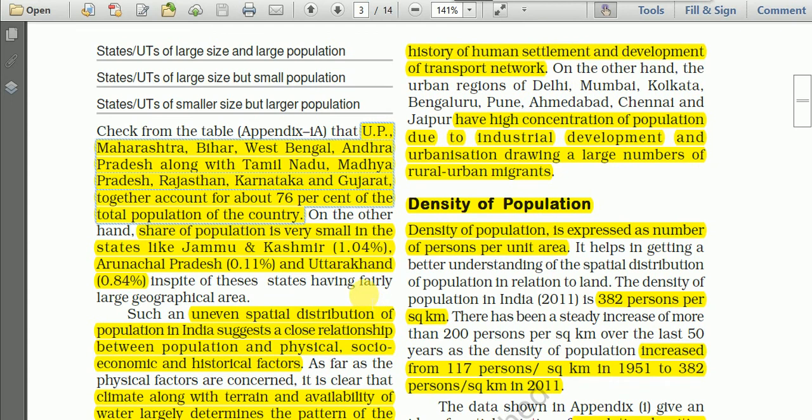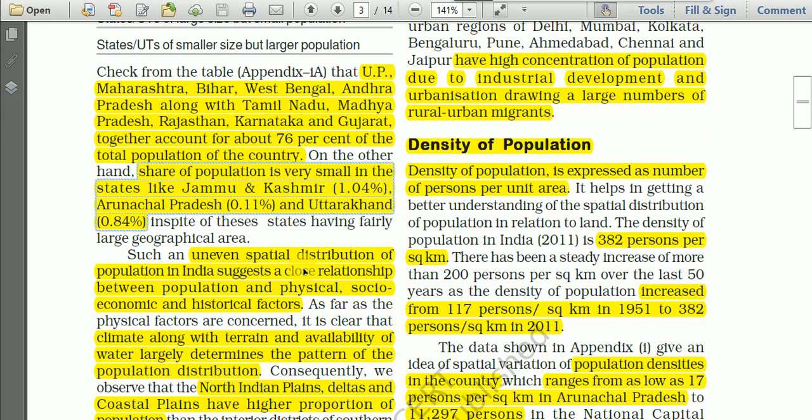On the other hand, the share of population is very small in states like Jammu and Kashmir, which is only 1.04%, Arunachal Pradesh only 0.11%, and Uttarakhand only 0.84%, in spite of these states having a fairly large geographical area.